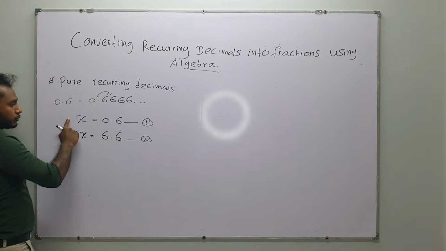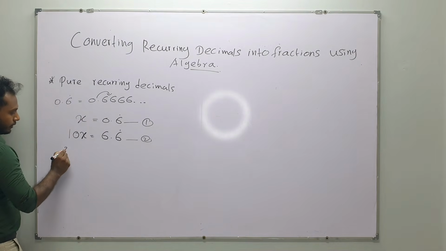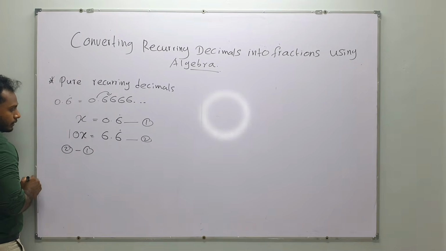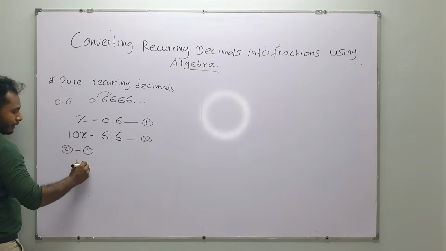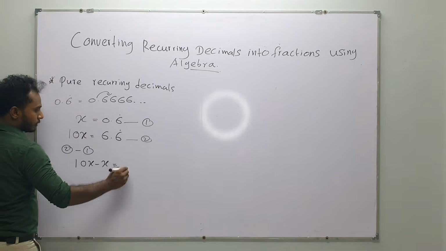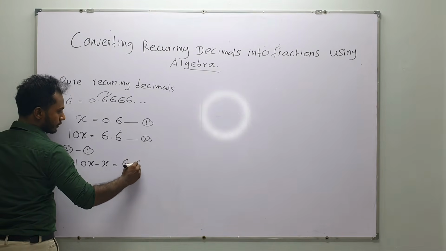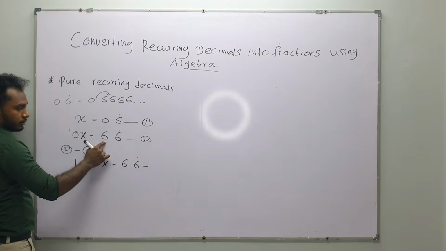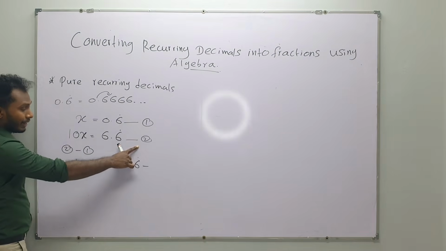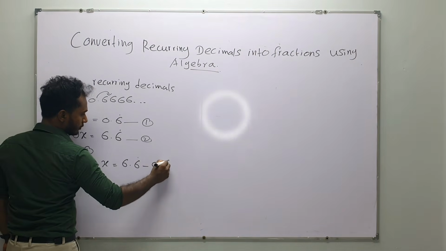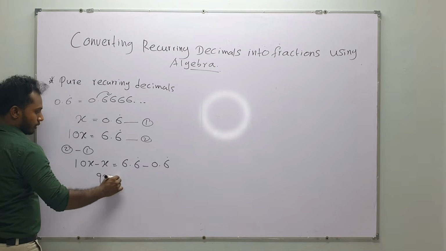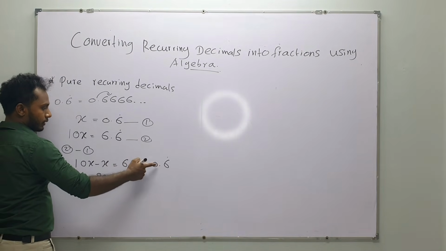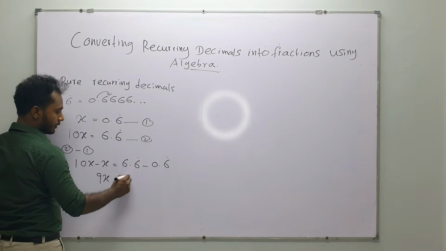Then I have two equations. I can subtract equation number 1 from 2. We'll first subtract the left side: 10x minus x equals what? 6.6 recurring, from equation number 2, minus 0.6 recurring, right? 10x minus x is 9x equals 6.6 recurring minus 0.6 recurring, which will be 6.